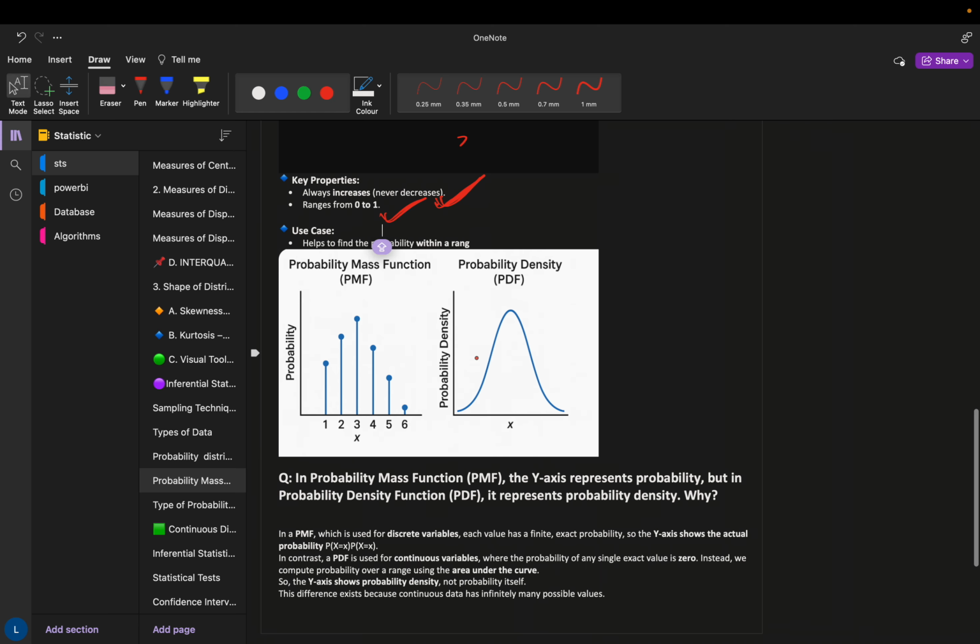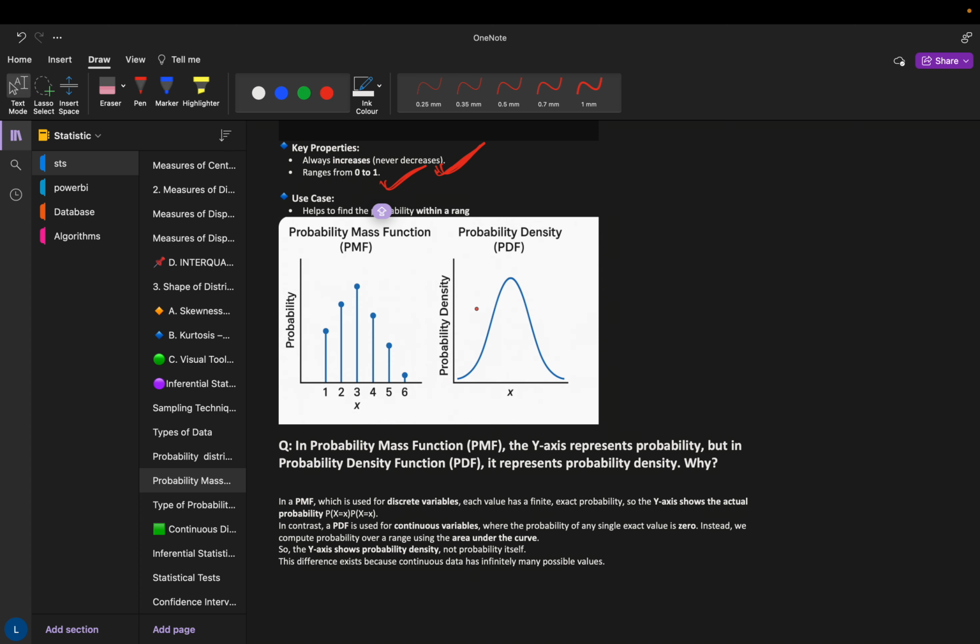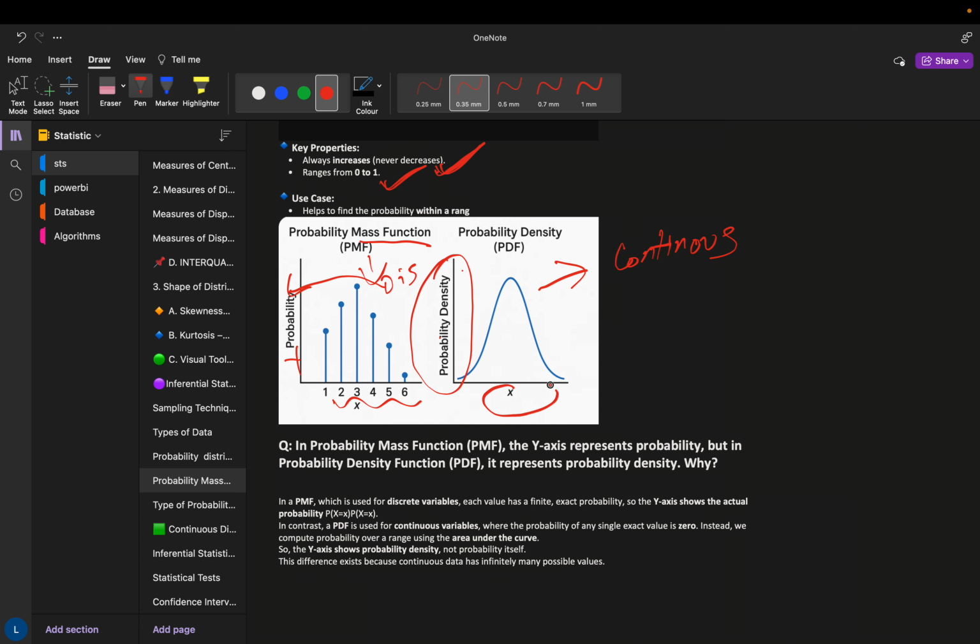Even in the figure you can see that the probability mass function, which deals with discrete type of data, has probability plotted on the y-axis and possible outcome on the x-axis. Similarly, for continuous type of data, which is not countable, we have plotted the probability density function against possible outcome on the x-axis.